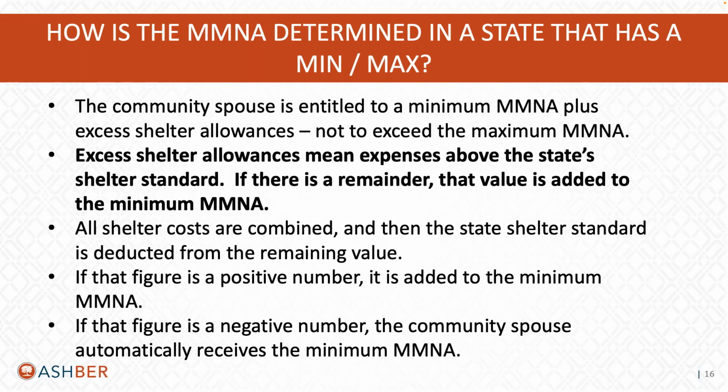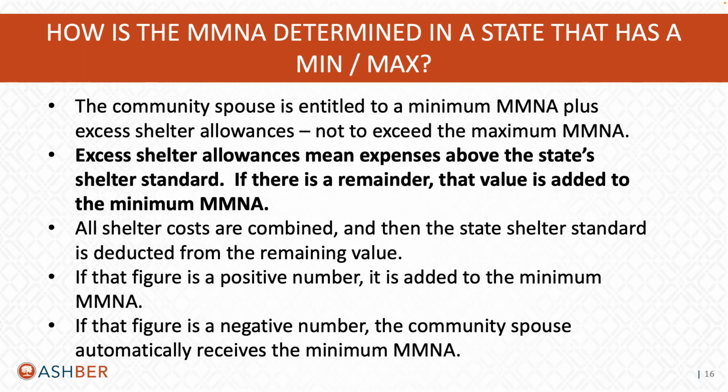So how do we go about determining the MMNA in a state that has a minimum maximum range? As we know, the community spouse is entitled to the minimum MMNA plus any additional or excess shelter expenses, but we cannot have it exceed the maximum.